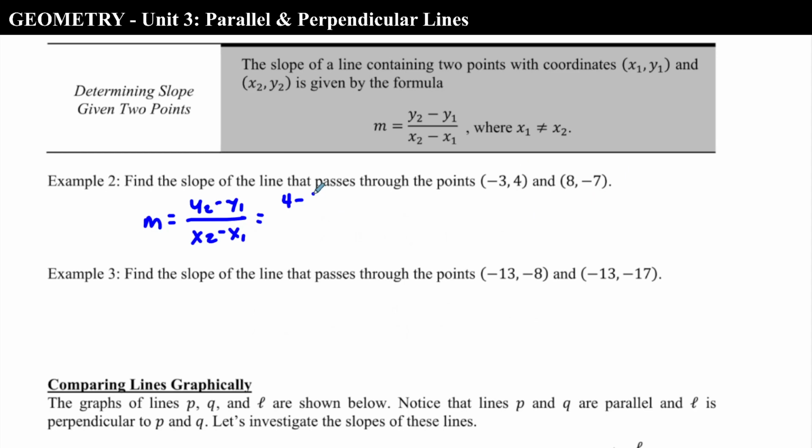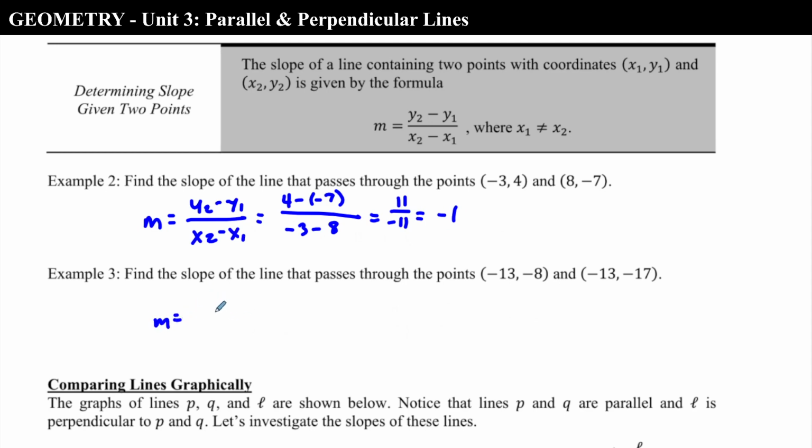And then we're going to do 4 minus -7 over -3 minus 8. So 4 minus -7, that's going to give us +11. -3 minus 8 gives us -11. So our slope is -1.